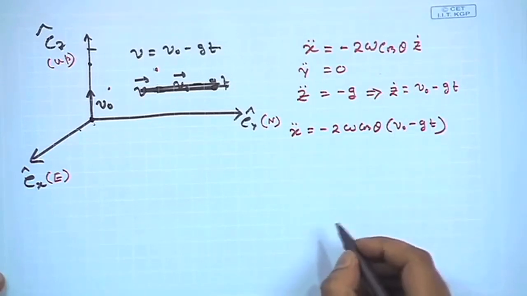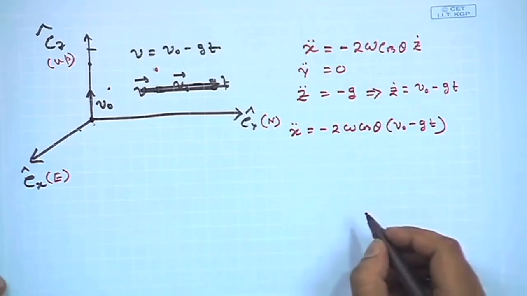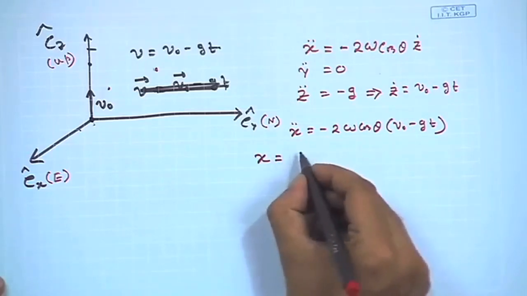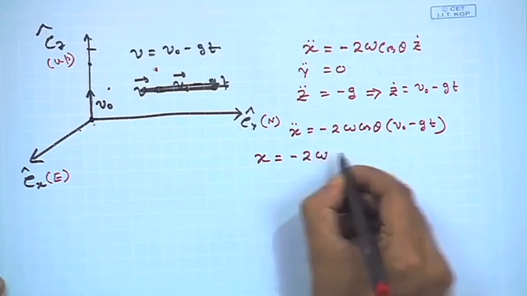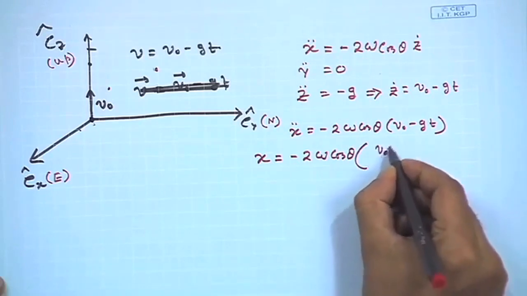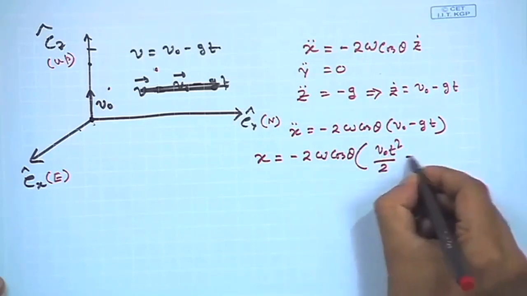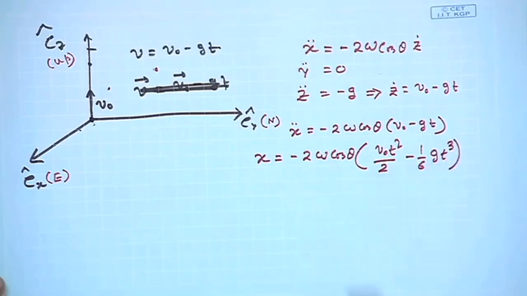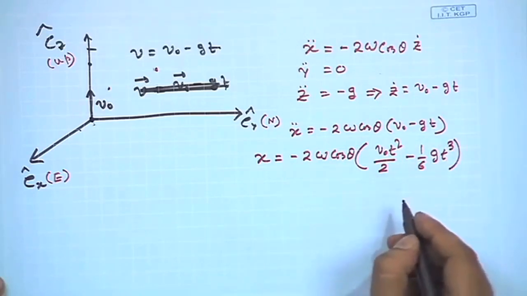Once again we have to integrate it twice, and the final expression will be minus 2 omega cos theta times (V 0 t squared by 2 minus 1/6 g t cubed).